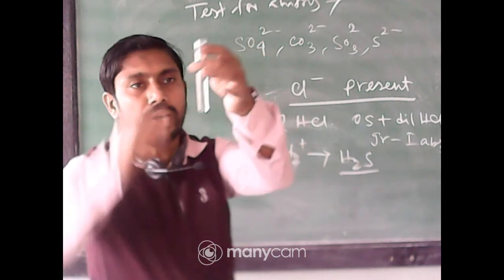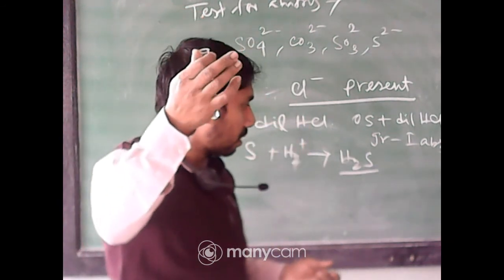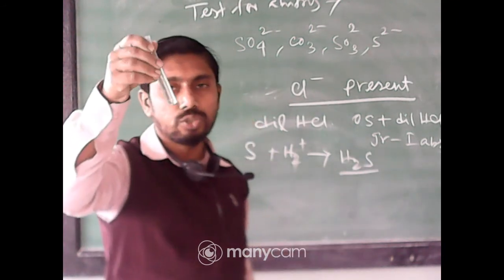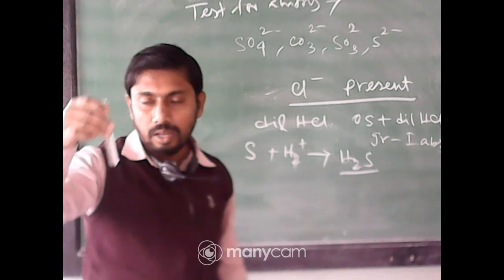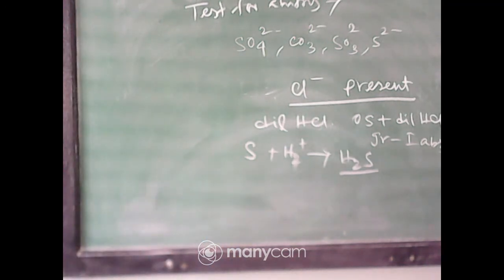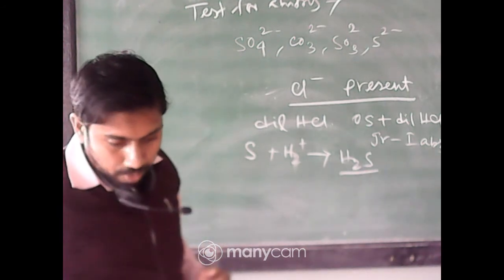A slight white PPT comes here. This PPT should be collected by filter paper, but here we will go for a direct test. To this PPT we will add ammonium oxalate or sodium oxalate solution.